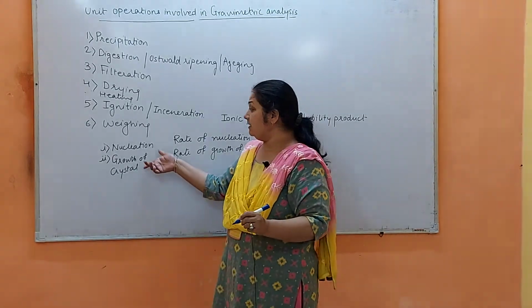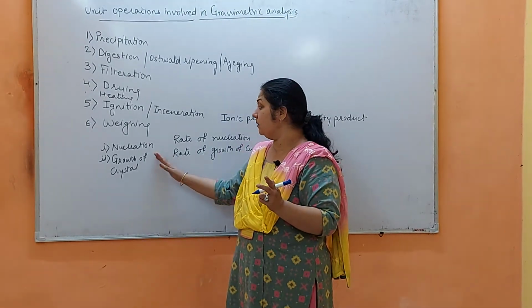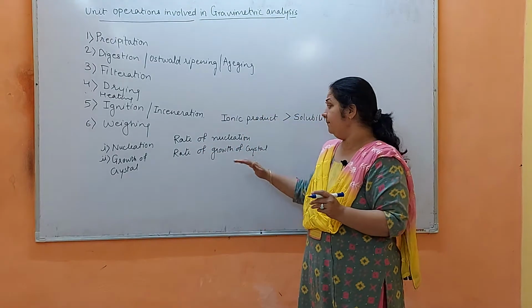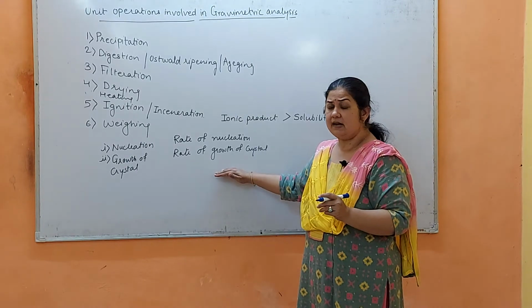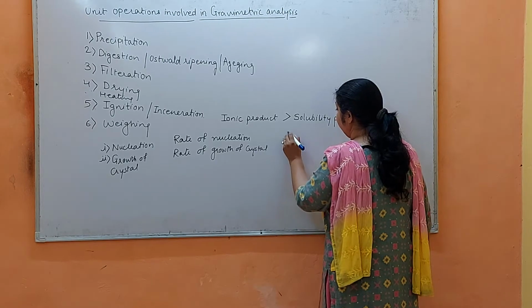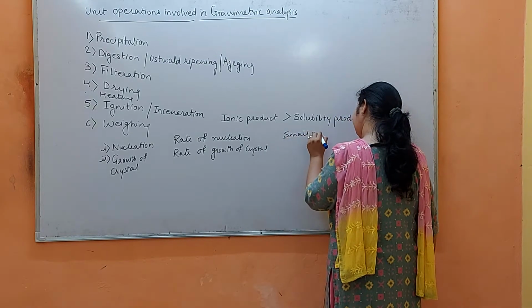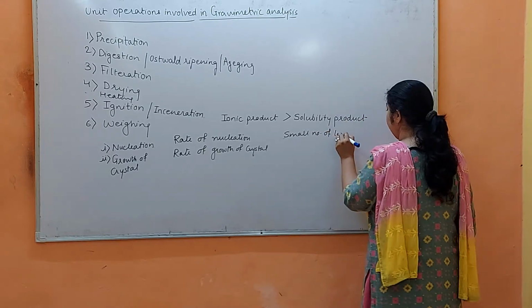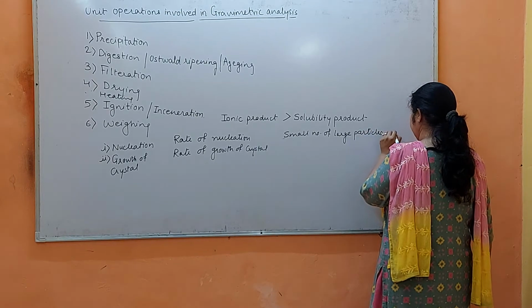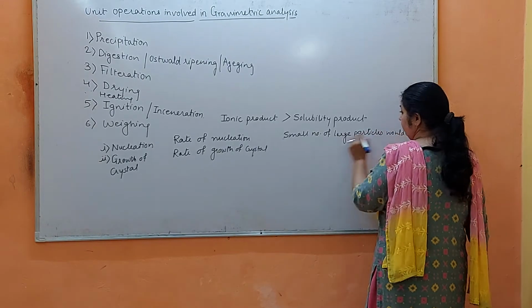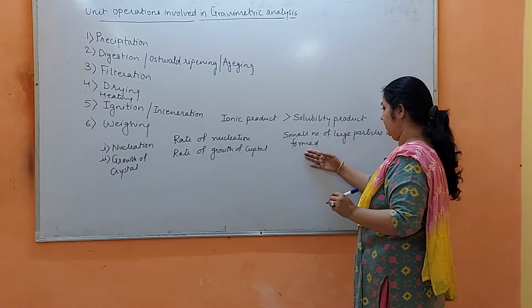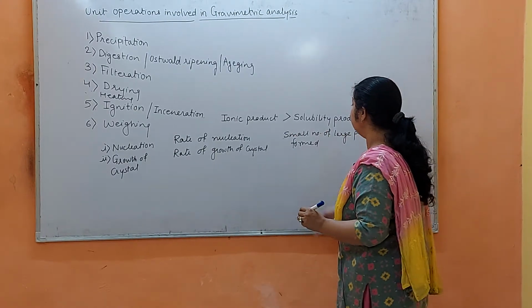Now see, precipitation involves two processes, that is nucleation and growth of crystal. Now suppose the rate of nucleation is small and the rate of growth of crystal is large, what will happen? A small number of large particles would be formed. Now, if the rate of nucleation is more, then the reverse would be the case.